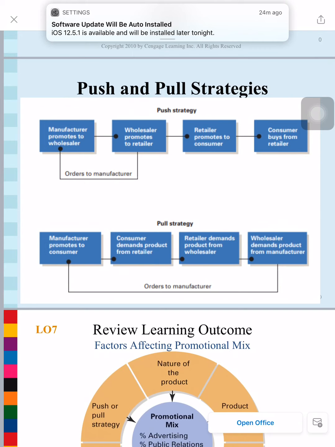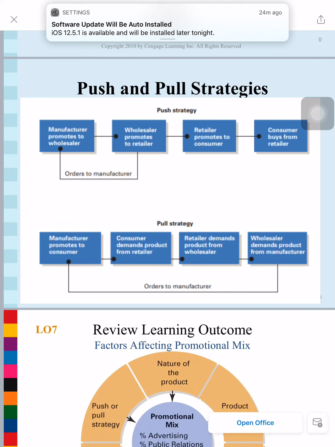However, in a pull strategy, the manufacturer promotes to the consumer. Then the consumer demands the product from the retailer, the retailer demands it from the wholesaler, and the wholesaler demands it from the manufacturer. So the manufacturer promotes to the consumer.